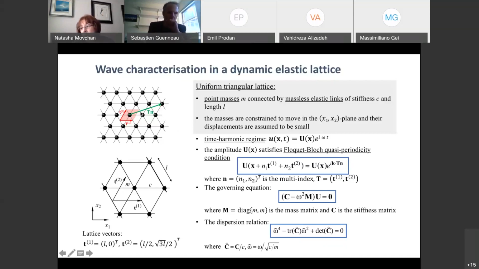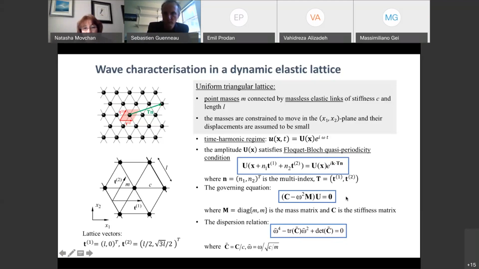Now, when we start writing the governing equations, which are effectively the equations of motion, we can write them in a very compact form, where U represents the displacement vector, and we have several quantities here, one of which is the stiffness matrix, matrix C, and we also have the mass matrix, capital M. In this particular setting, when we have just a normal monatomic lattice, where the point mass is connected by massless elastic links, both matrices look like this, and the mass matrix is the diagonal matrix.